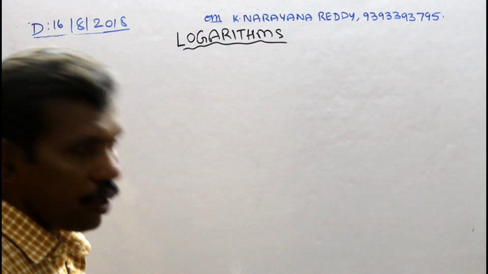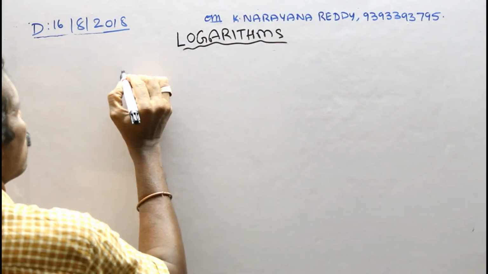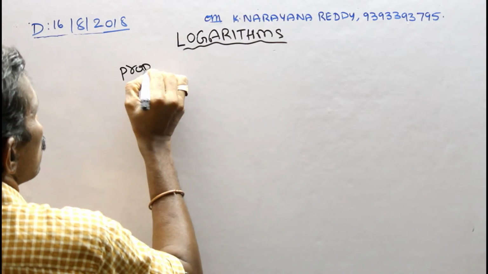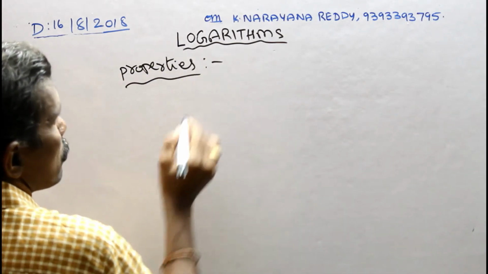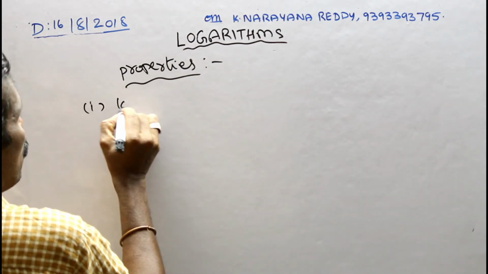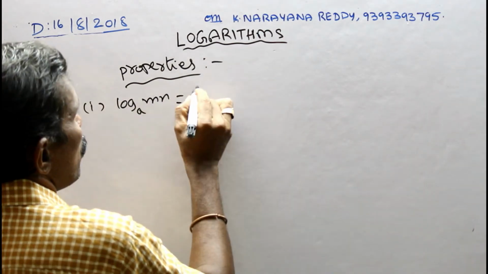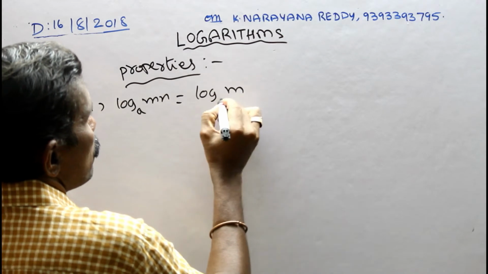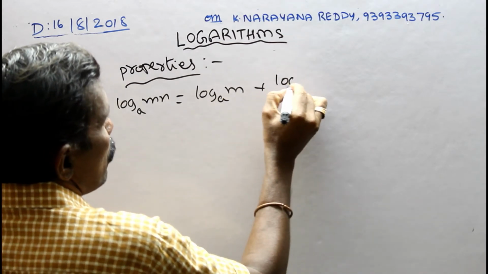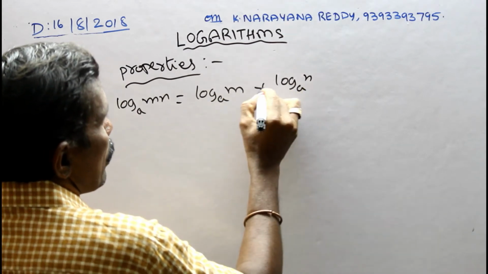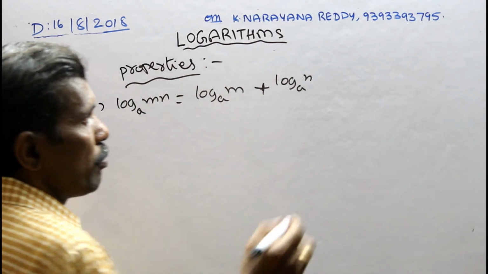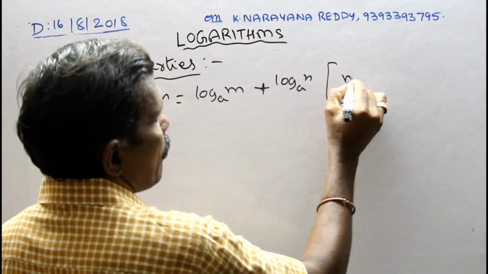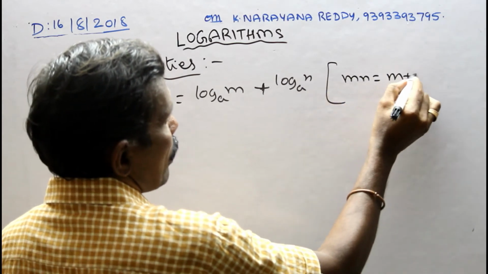See some properties of logarithms. Number 1, log of m n to the base a equals log m to the base a plus log n to the base a. That means the product mn becomes the sum m plus n.